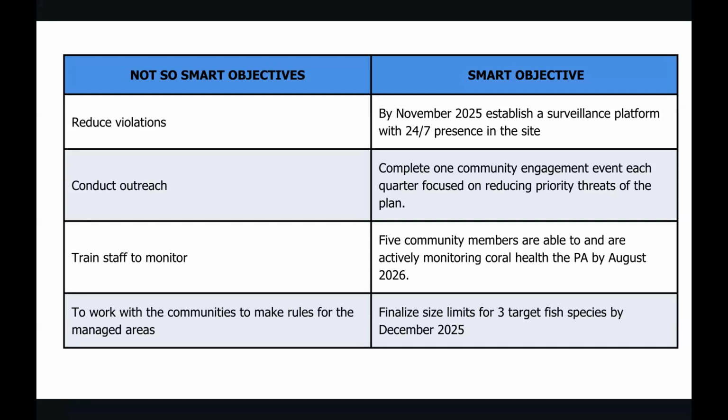Have we identified size limits and finalized them, made them into rules, and we know by a certain date? So these are examples, but the main thing is to really be that specific and measurable. So within the time frame of your plan, you have achieved these things.